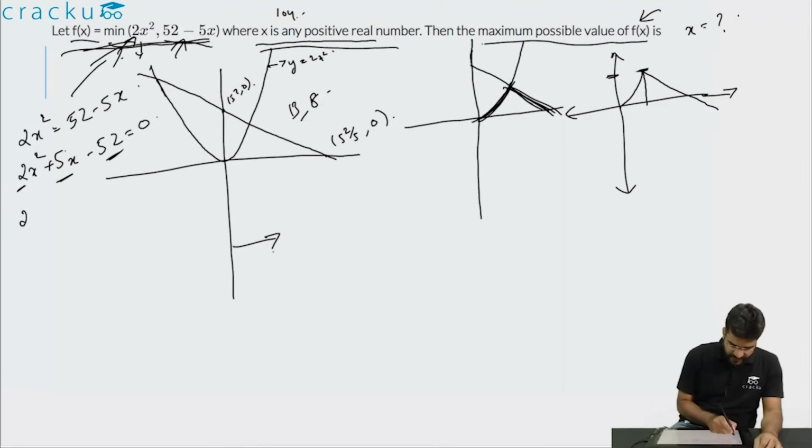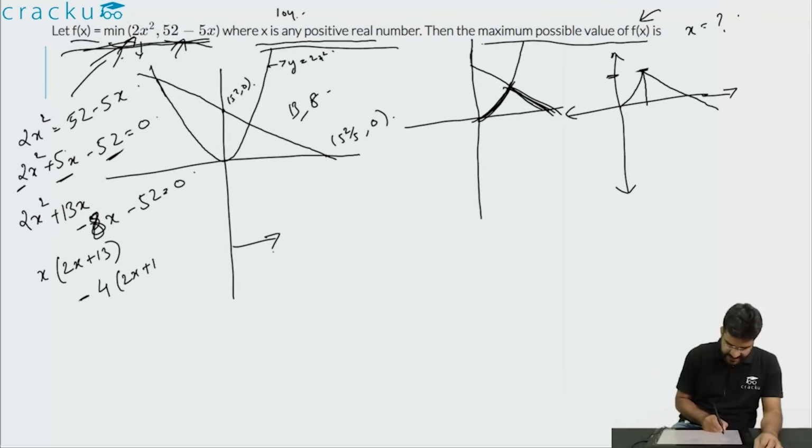So to factorize, 2x square plus 13x minus 8x minus 52 is equal to 0, or x into 2x plus 13 minus 4 into 2x plus 13 is equal to 0, or x minus 4 into 2x plus 13 is equal to 0.